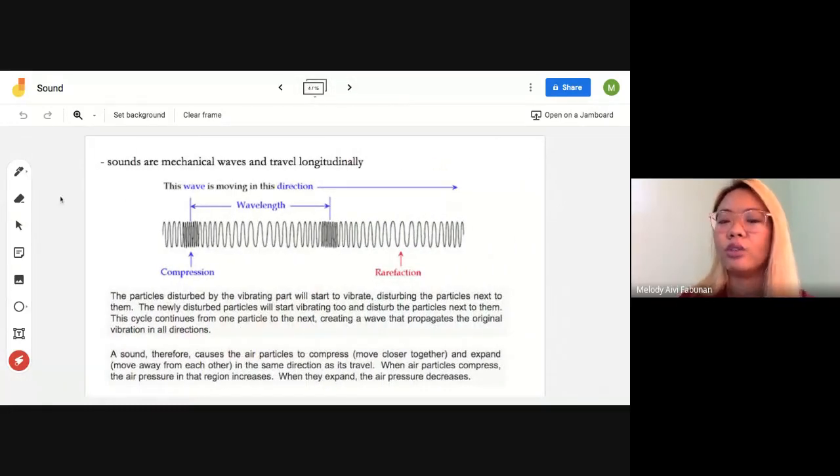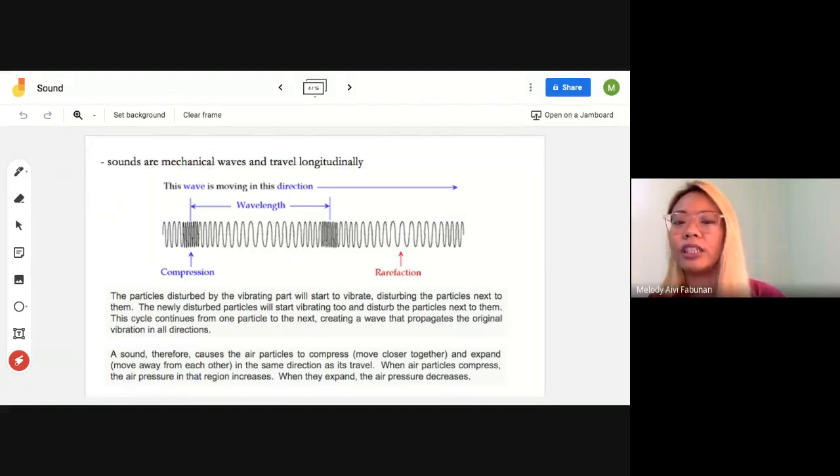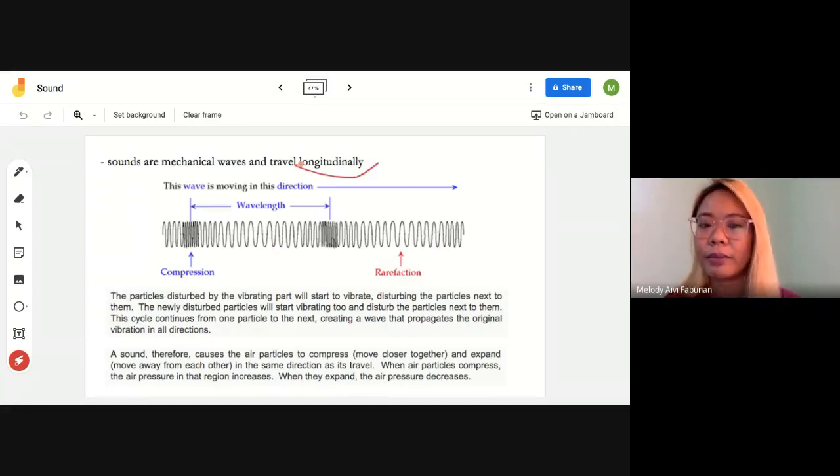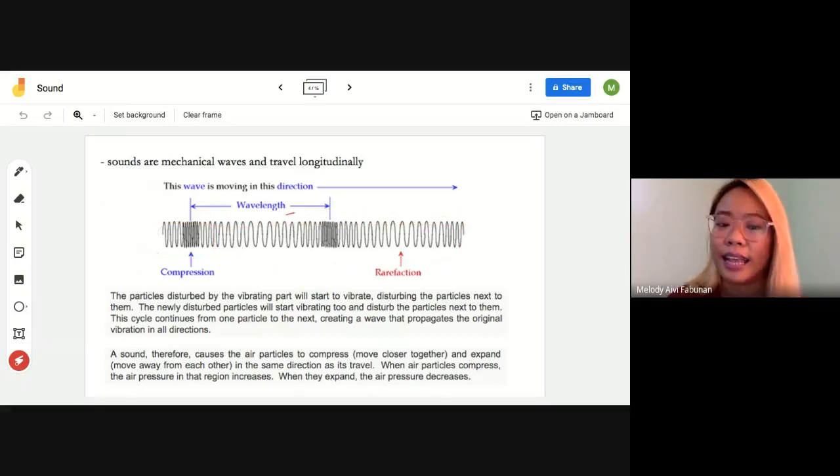So let's continue. Sabi niya dito, sound waves are actually mechanical waves and they travel longitudinally. So when we say longitudinally, ibig sabihin, our sound waves are moving up and down, up and down. So this is an example of what a sound wave looks like.